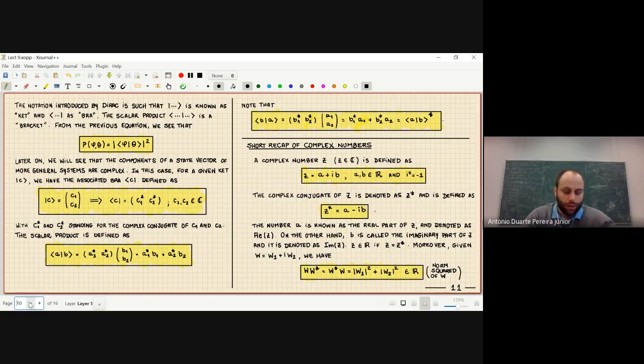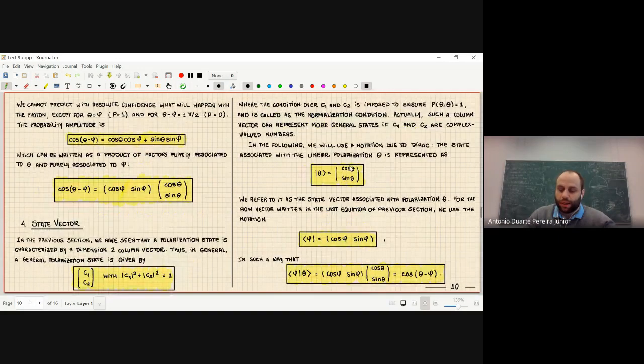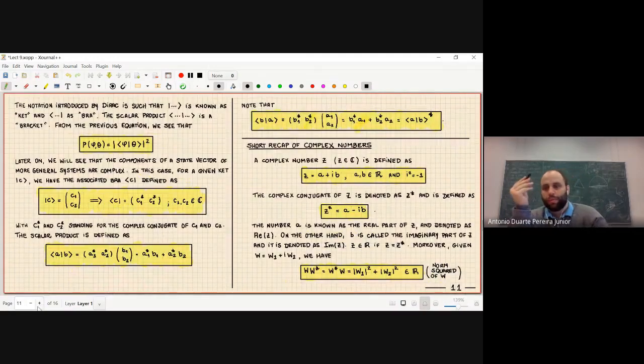Okay, so if I take this ket theta, and I take the transpose of this vector, then I'll get a row vector with entries cosine and sine, and this is the bra associated with theta that I would call simply this, right? However, when the vectors are complex, you have to do an extra operation.